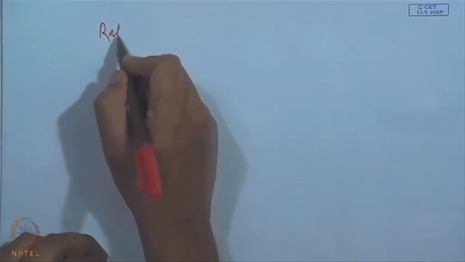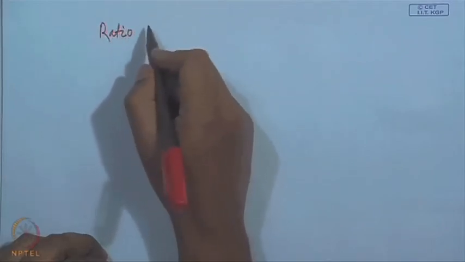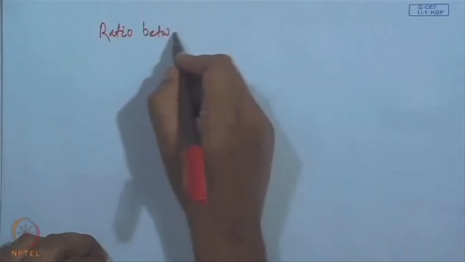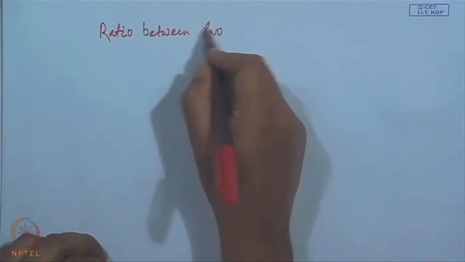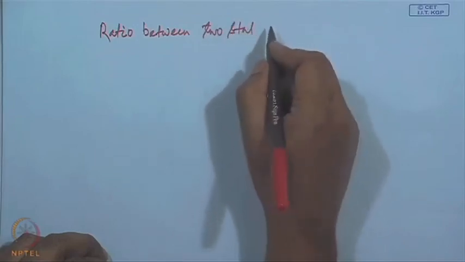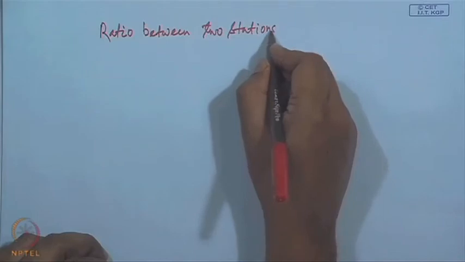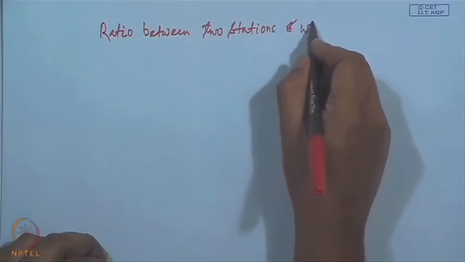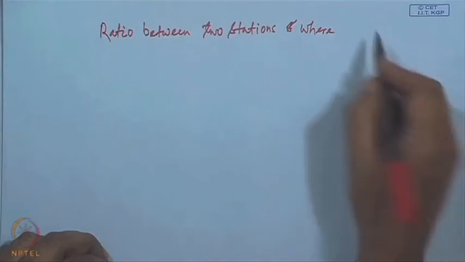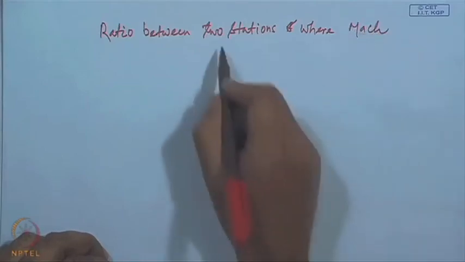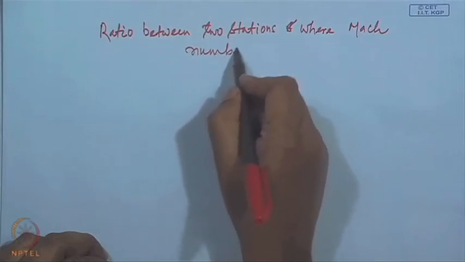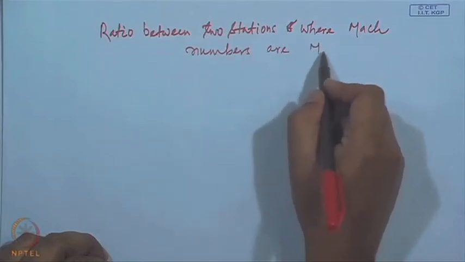And once ratios in this form are known, the ratio between any two stations where Mach numbers are M1 and M2 can be found.